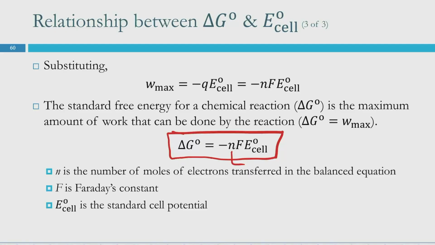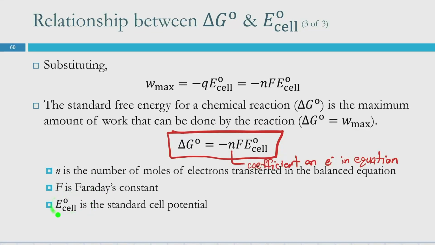Again, keeping in mind that this n is the coefficient on electrons in the equation. Sometimes it'll be 1, sometimes it'll be 2, it might be 6, it might be some other number. And then F is Faraday's constant, and the standard cell potential we can calculate or look up.